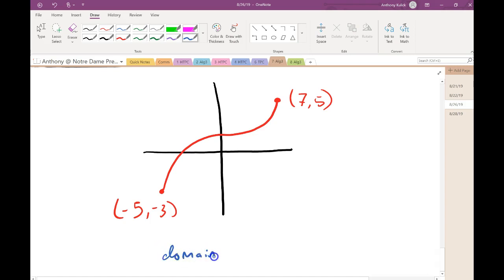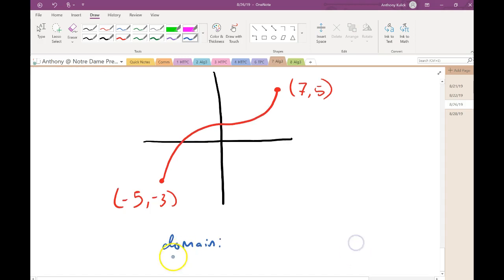We'll start with the domain. First, before we even start with that, we should recognize that the domain and range in this case will be infinite sets. How do I know that? Just by looking at it?